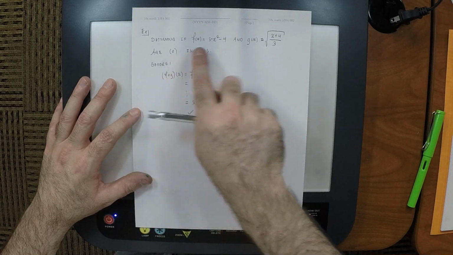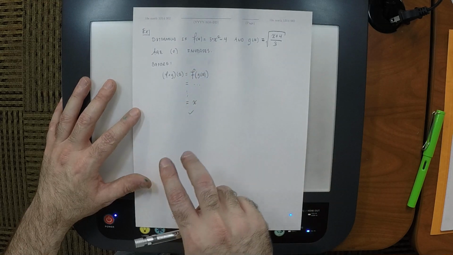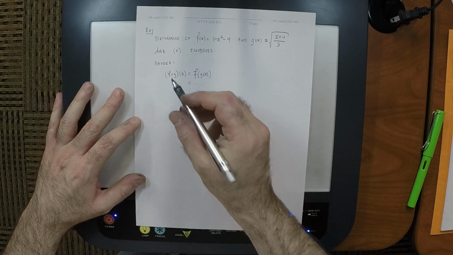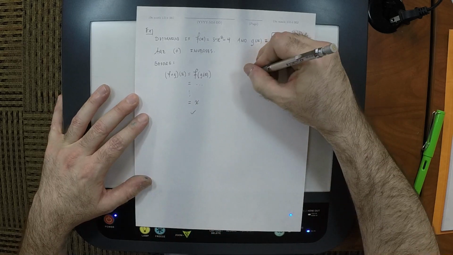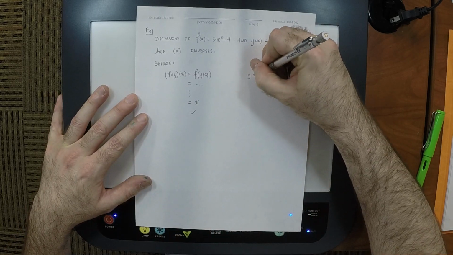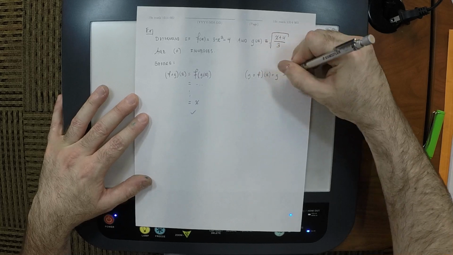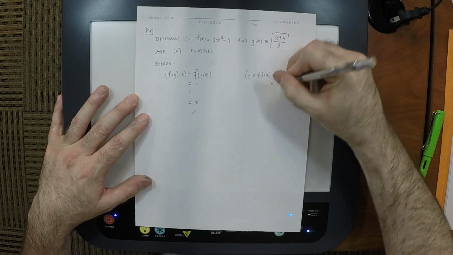But concerning composition inverses, what else must you do? You have to check it in the other order also, right? So not just f composed with g, but also the other way. g composed with f, evaluated at x, which is g of f of x, which is dot dot dot.